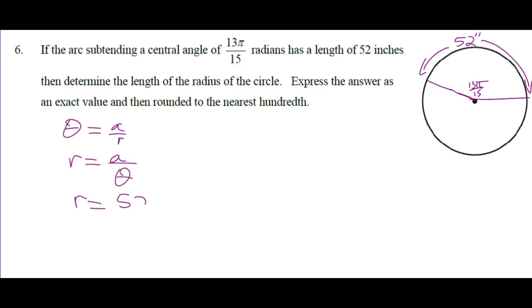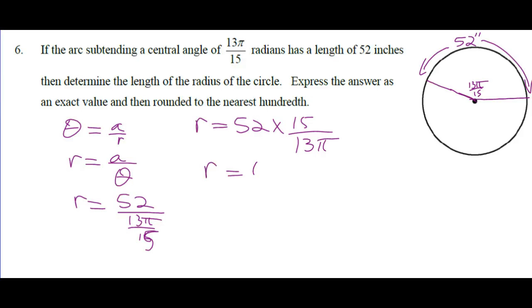So A was 52 and theta is 13 pi over 15. So it's 52 times the reciprocal, 15 over 13 pi, which is 60 over pi. Right? 13 goes into 52 because there are 13 cards in a suit, 4 suits and 52 cards in the deck.